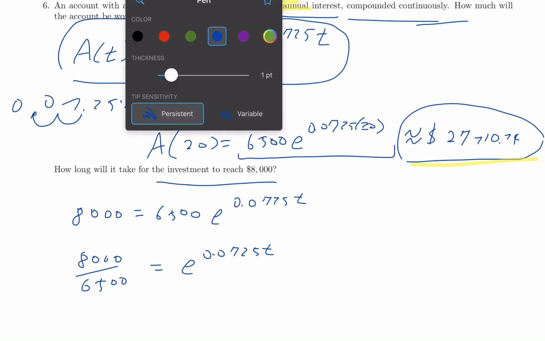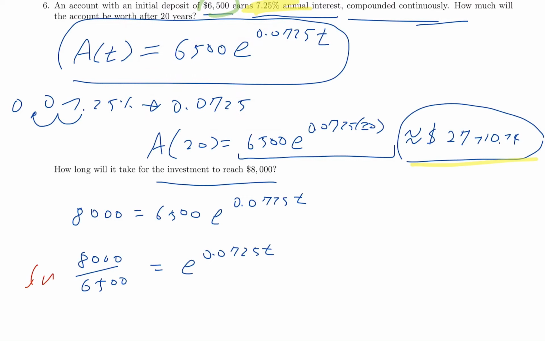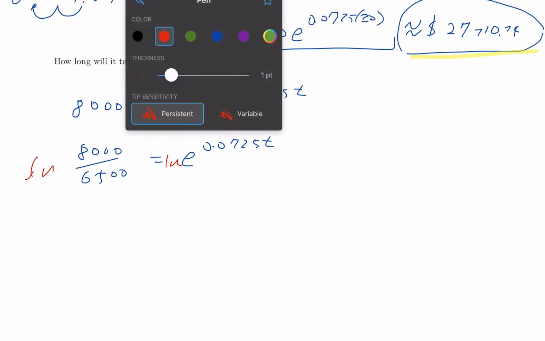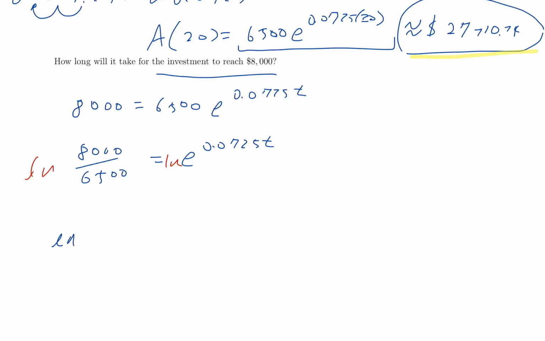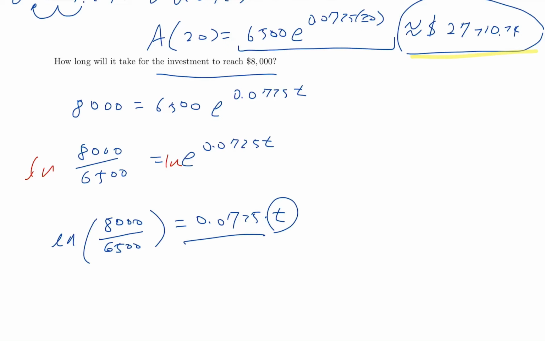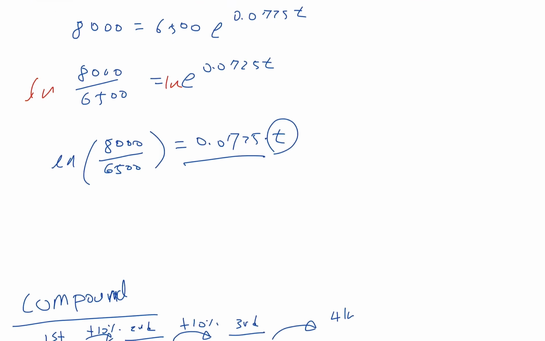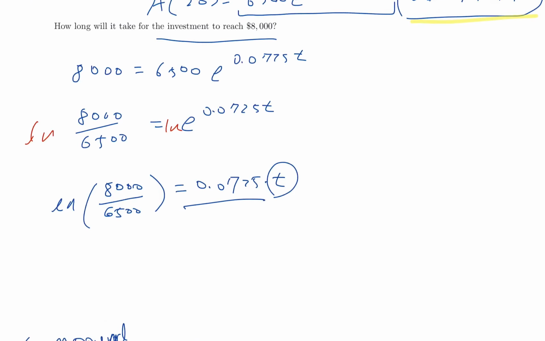You see the pattern by now. Take the natural log of both sides. Then I get ln of 8,000 over 6,500 equals 0.0725t, because ln e is 1. So for t, divide both sides by this number.